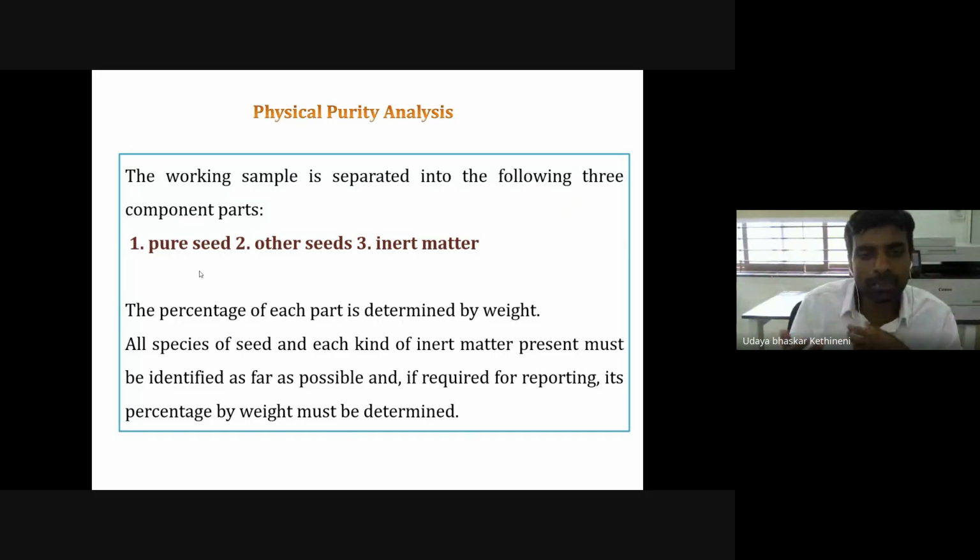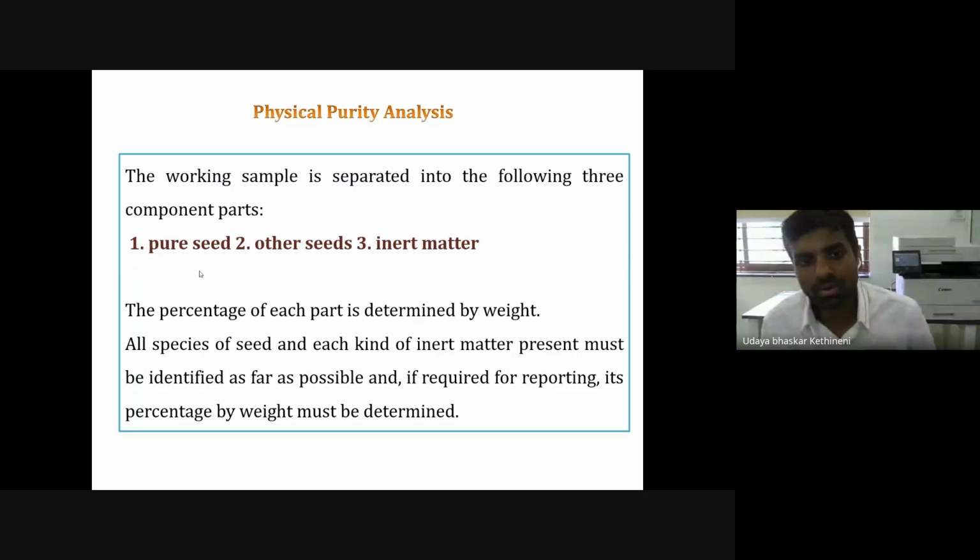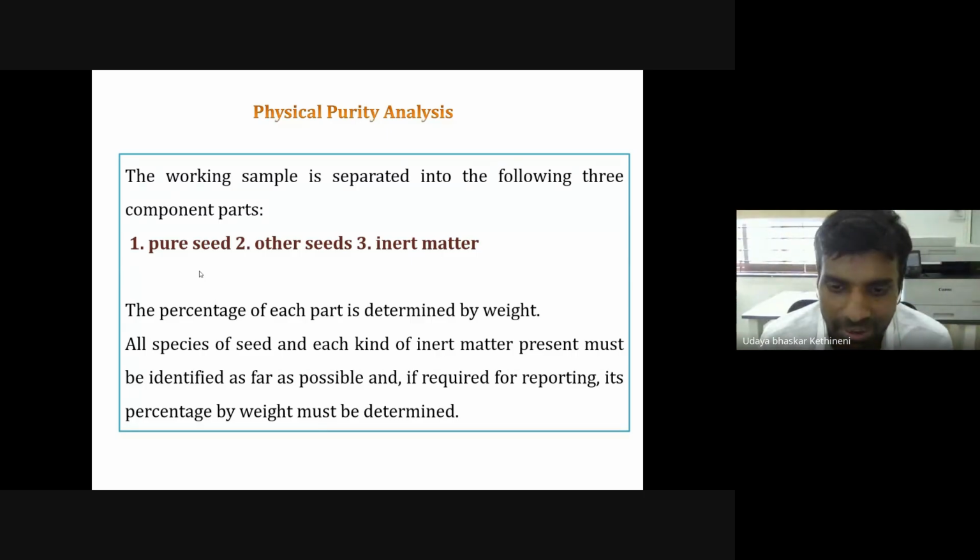For example, after sampling, the logical next step is physical purity. Physical purity means checking whether the seed is of the same kind or not. And here we have to be careful. Pure seed implies the crop species only, not the varietal level.